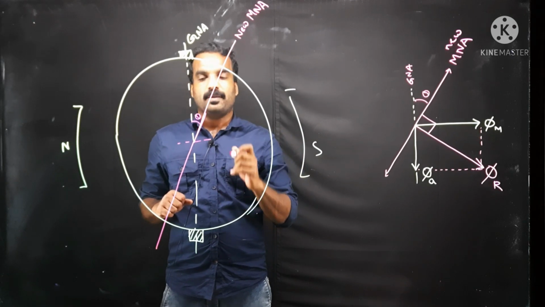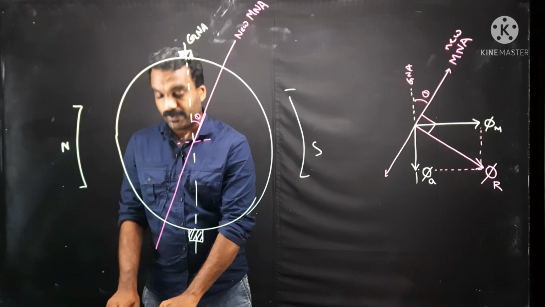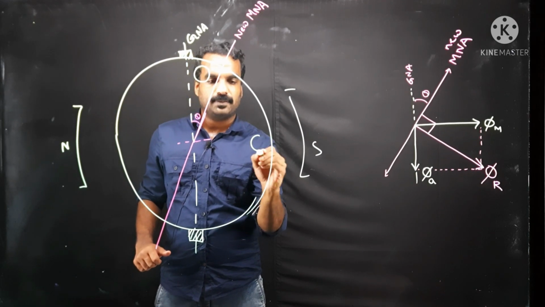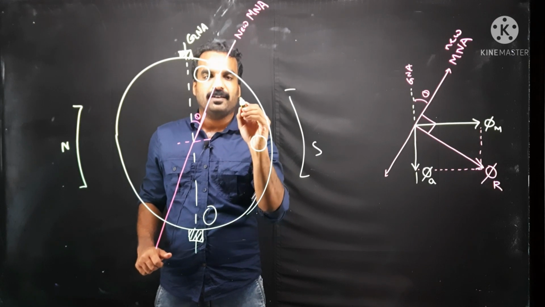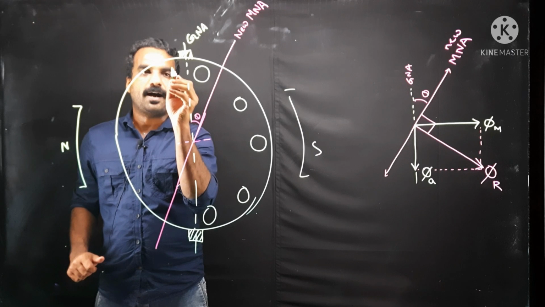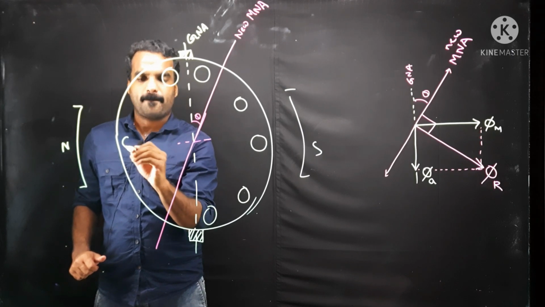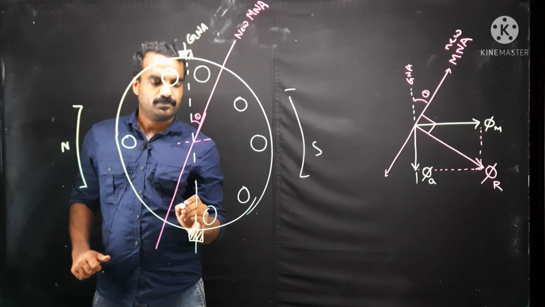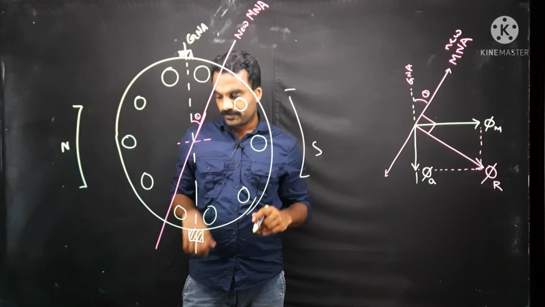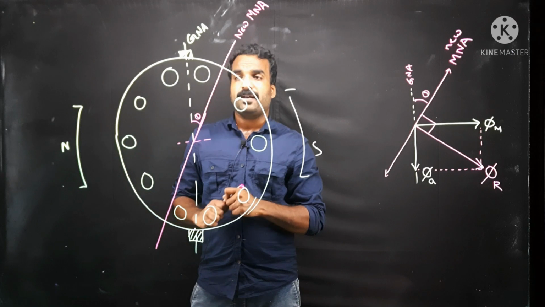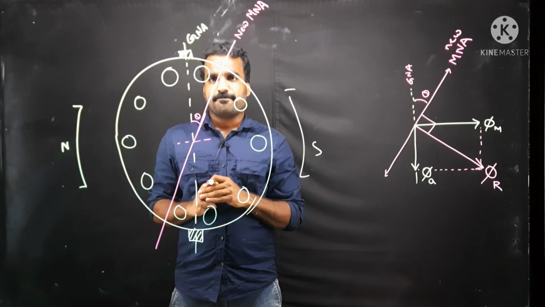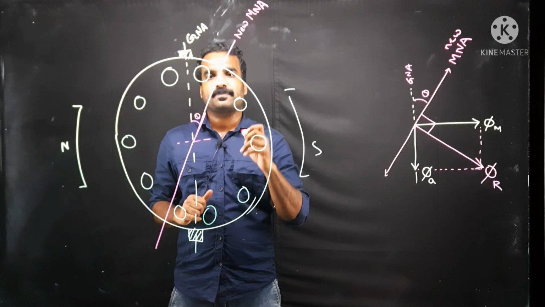Now, we know that initially we were considering 5 conductors. This is the easy way to draw 5 conductors on each half circle. And what were the current directions?